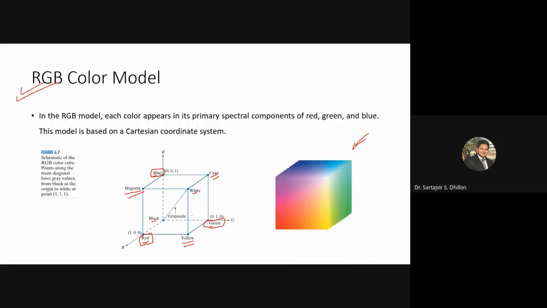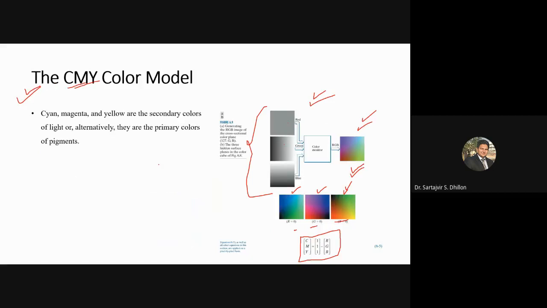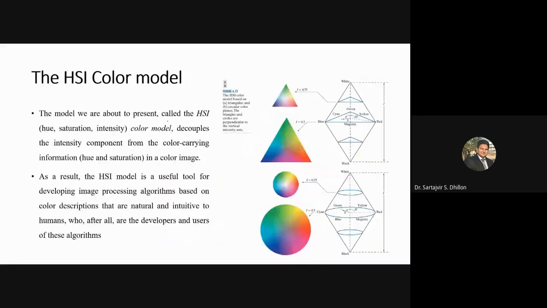So these are only two models; there are a lot of other models, but these are the two most common models used in color image processing. Now there is another model, which is referred to as HSI, and HSI stands for hue, saturation, and intensity color model, which decouples the intensity component from the color-carrying information in a color image.